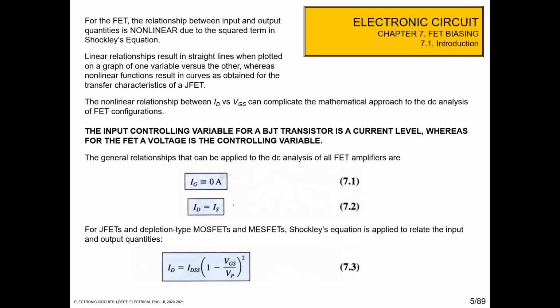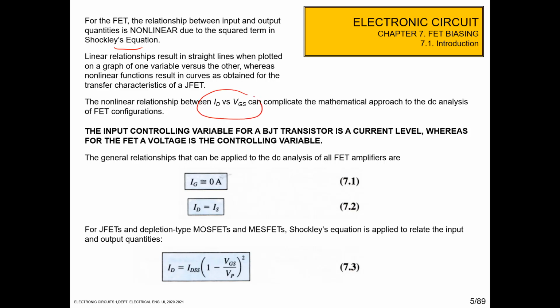Okay, so for the FET, the relationship between the input and output is nonlinear due to the square term in the Shockley equation. As you know, FET is a voltage controlled current source. So the current from the drain to source is controlled by the voltage between the gate and source.